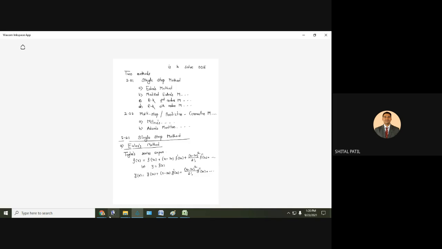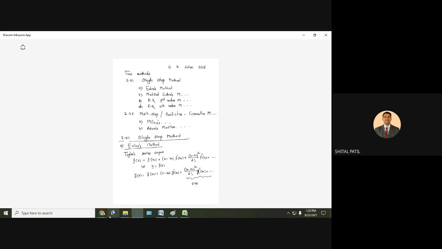Okay, y double dash of x one, absolutely. So see, what I want to do now, I don't want to consider the terms after the square of x minus x naught. So I'll consider this as an error.